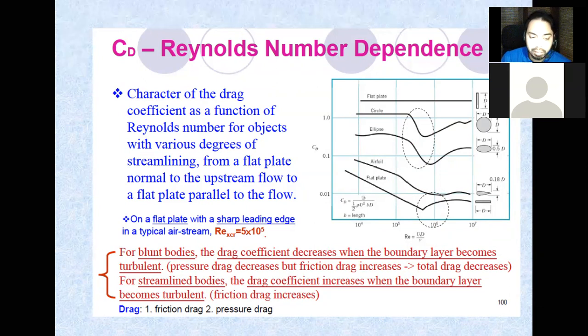While for streamlined bodies, the drag coefficient increases when the boundary layer becomes turbulent. It's not because of the pressure drag, it's because of the friction drag.